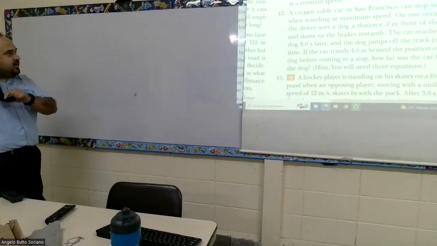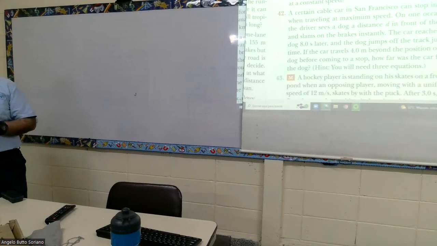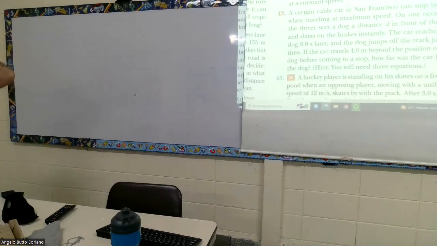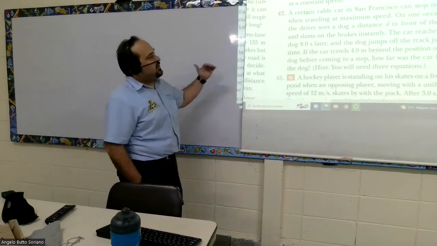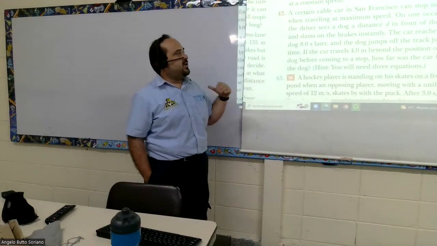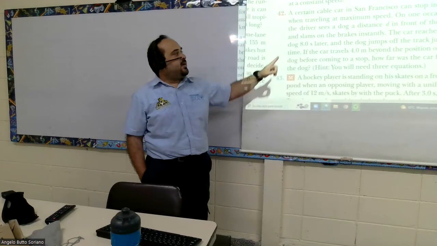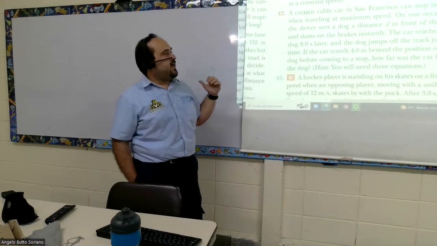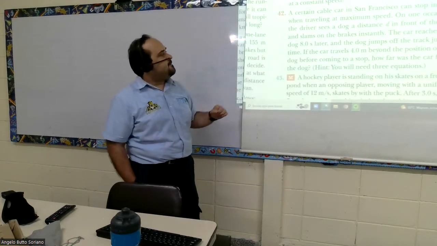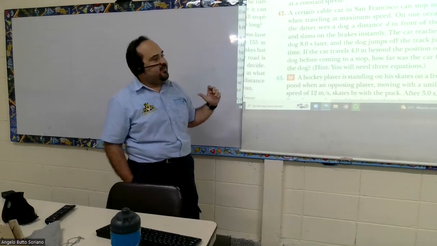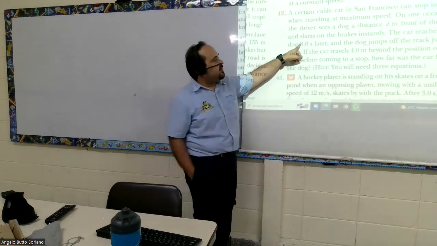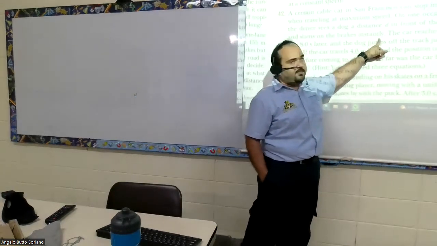Yesterday, we started solving a problem in the Serway textbook, problem number 42, the red one. The problem establishes that a certain cable car in San Francisco can stop in 10 seconds when traveling at maximum speed. On one occasion, the driver sees a dog a distance D in front of the car and slams on the brakes instantaneously.